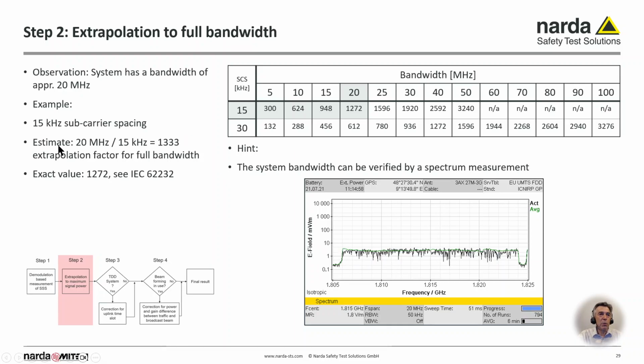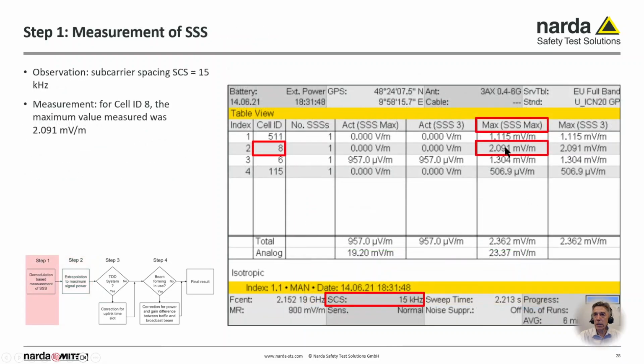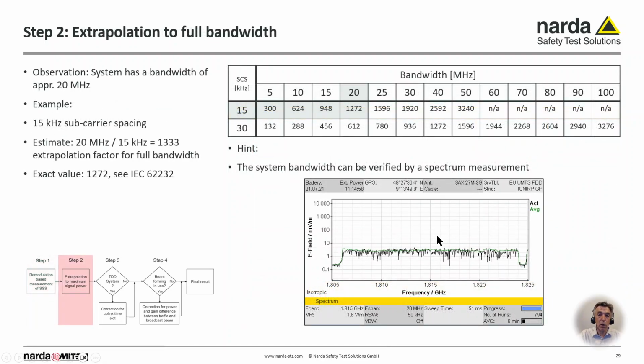And if you want to do the first rough estimation, this means we have 20 megahertz divided by 15 kilohertz. So the value we see here is just the value of one resource block. It's not the entire SSS, it's just one resource block of the SSS or one resource block of the entire system here, okay? And the system runs here, roughly calculated, 20 megahertz divided by 15 kilohertz, around about 1,300 resource blocks parallel.